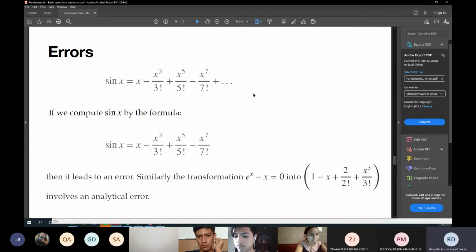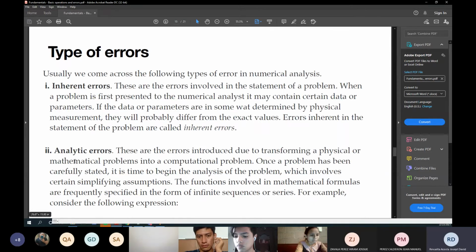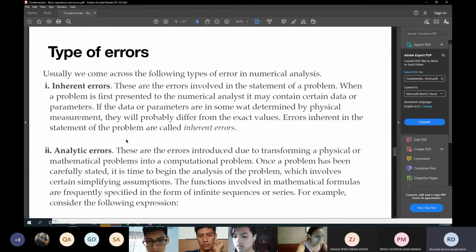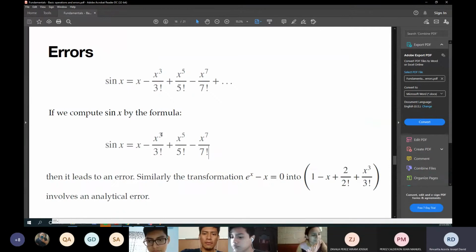So we see that this is how we introduce analytical errors. When I want to transform any physical measurements, or just imagine you're doing an analysis in mechanical engineering, some spectral analysis with a sine function in general, or electrical engineering, you can substitute any of these values by using a series.